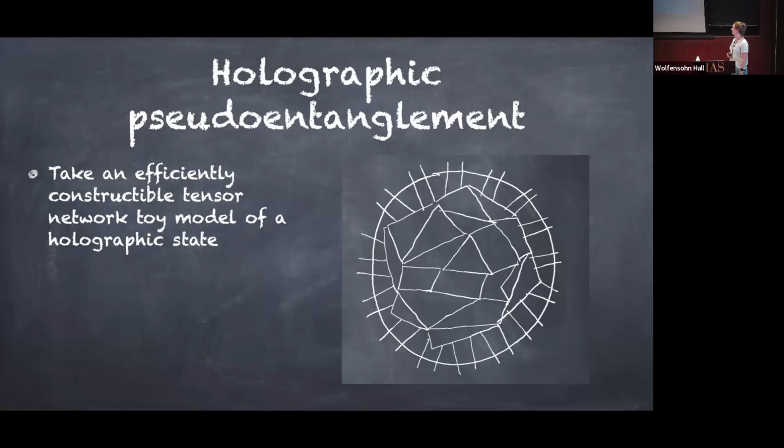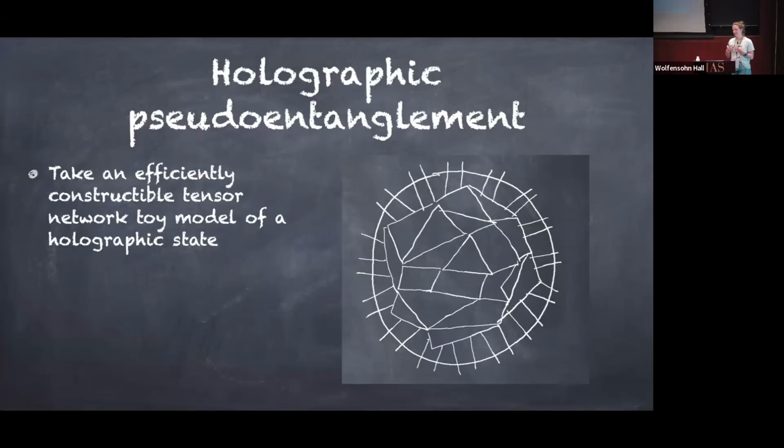I won't go into what they are here. He also mentioned in his talk that he actually prefers the construction based on random tensors. And I think maybe part of the reason for preferring that is that a construction built on random tensors gives a better approximation to the RT formula than a construction built on perfect tensors.